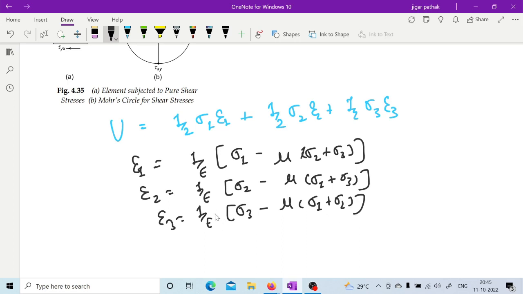In the other two directions, Poisson's ratio takes care of the lateral and longitudinal stress.